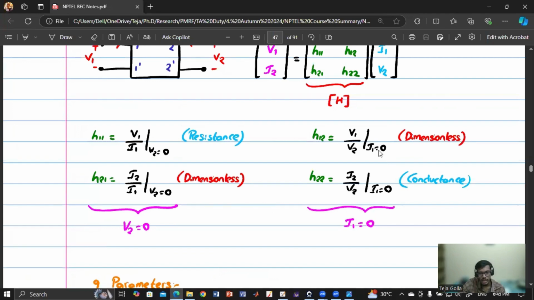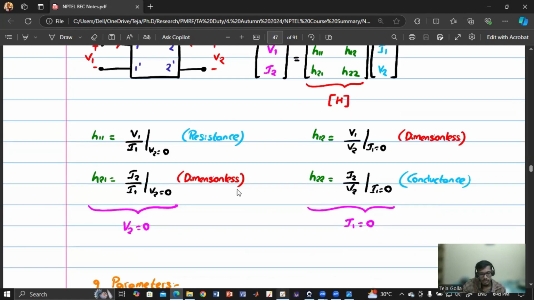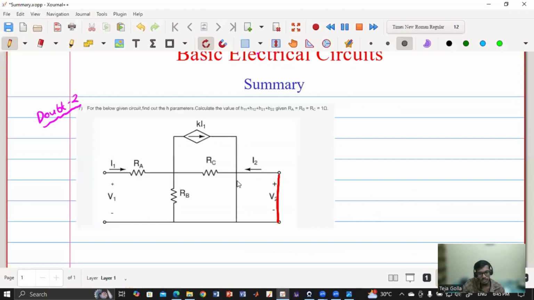Here I1 is equal to 0, which means it is open circuit. On the left hand side, it is open circuit. Then you have to calculate V1 as well as V2 when I1 is equal to 0. But the terminals are parallel to a short circuit, so if we substitute V2 equal to 0, I am not exactly sure whether H12 will become infinity.